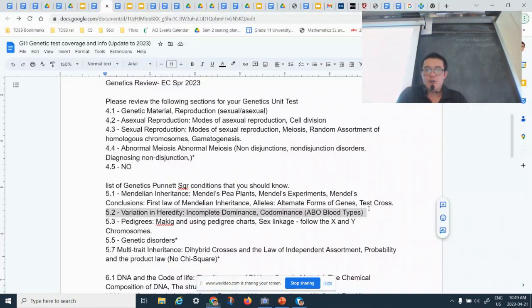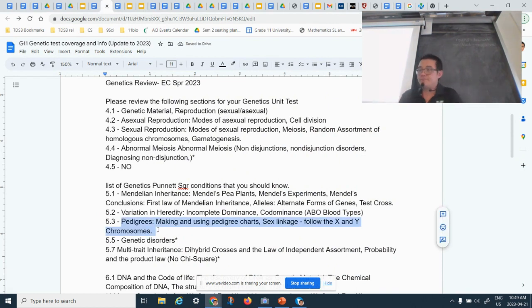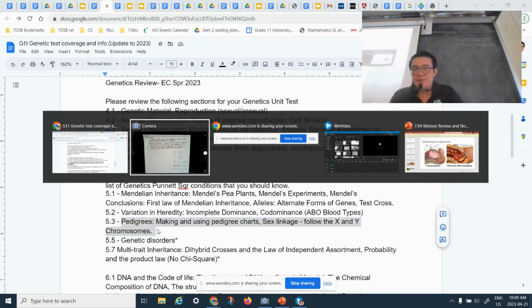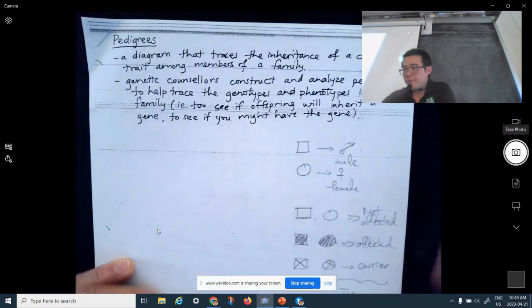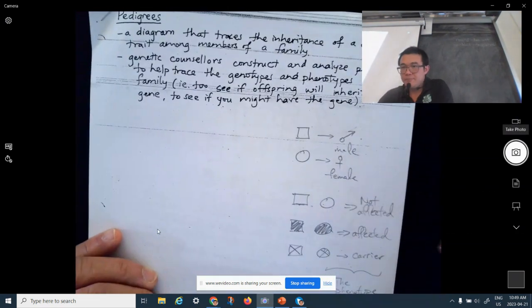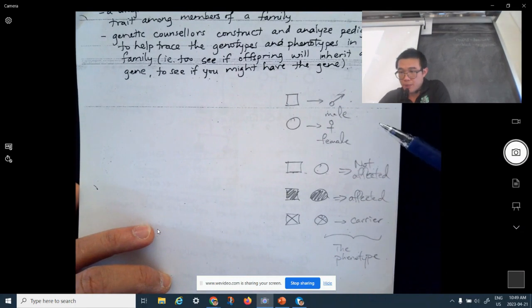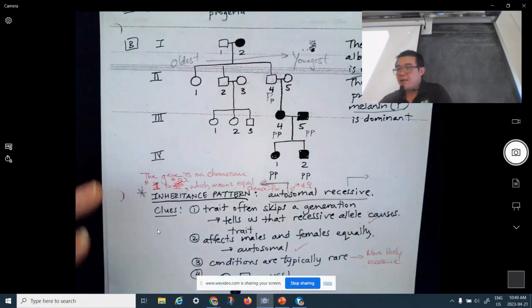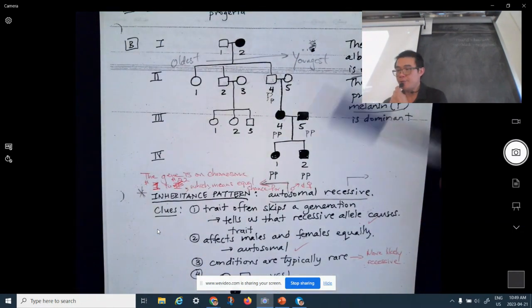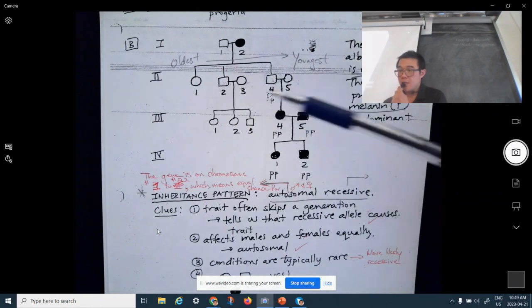Now we also had this package. After that, we went over pedigree chart. Wow, I misspelled something. So pedigree chart. So we start learning about pedigree chart. We know about the symbols, about how do we draw a pedigree chart. And this is an example. So the albino example, albinism example in terms of pedigree chart.